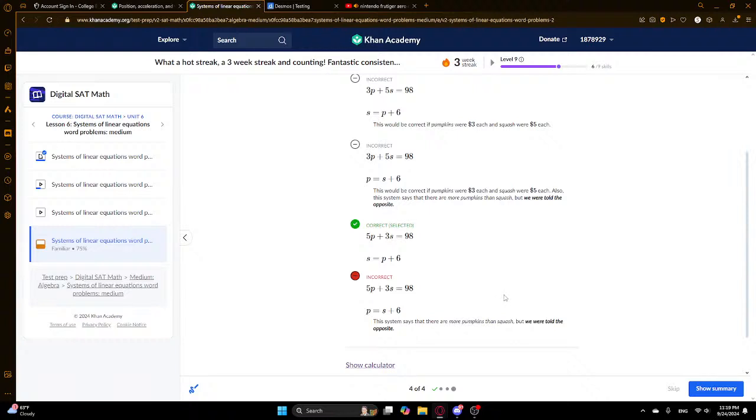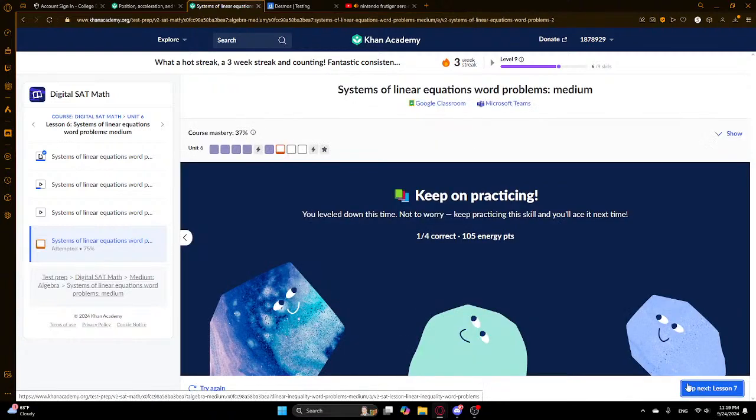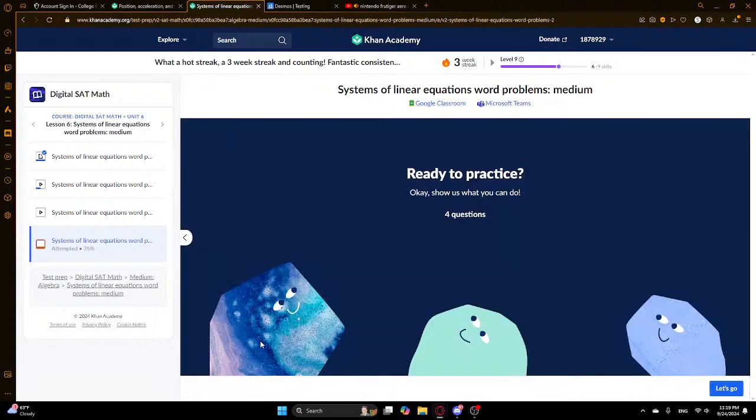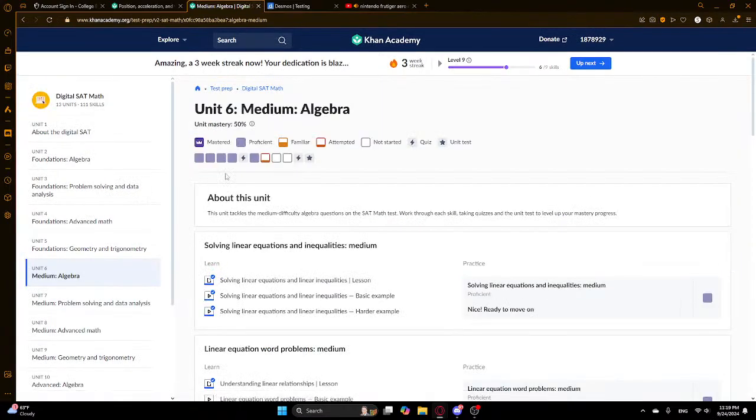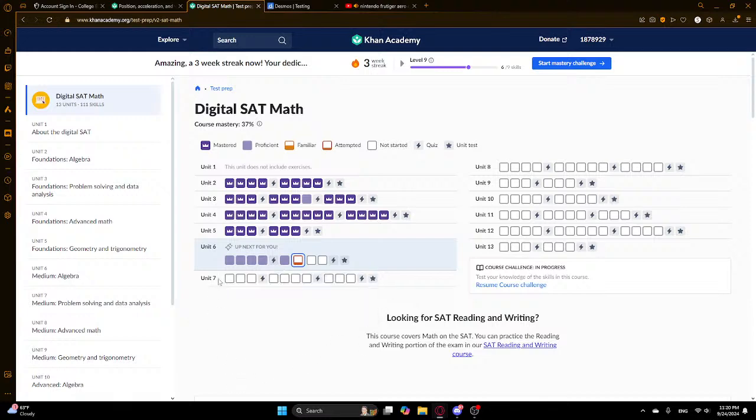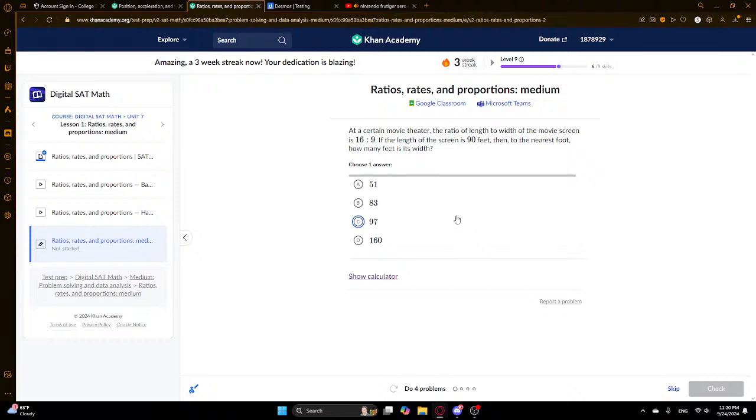It doesn't make sense. What does it represent? Ratio.